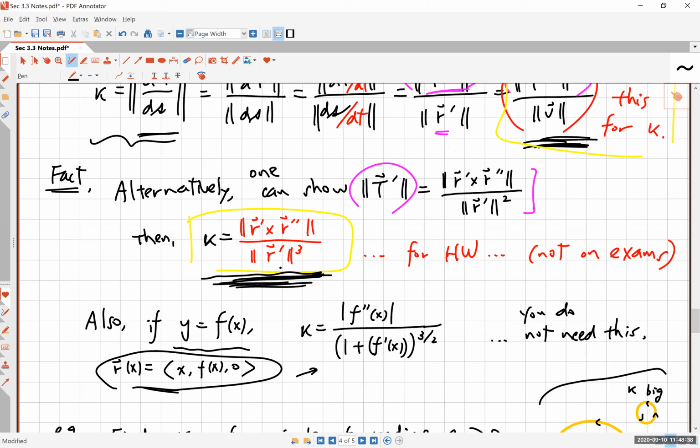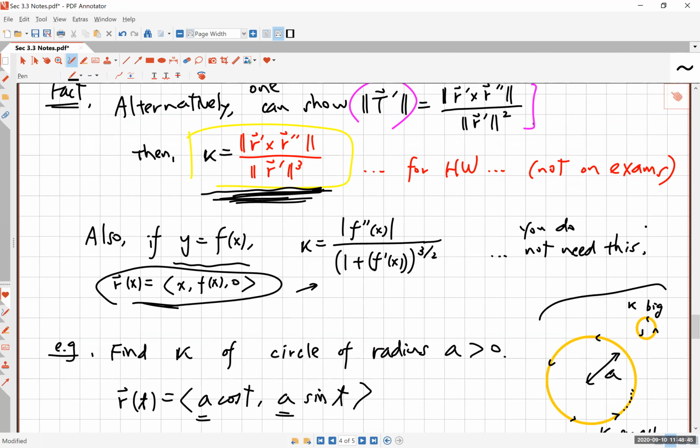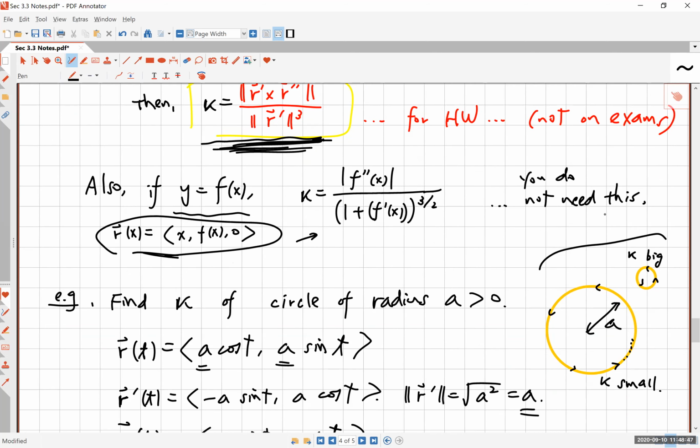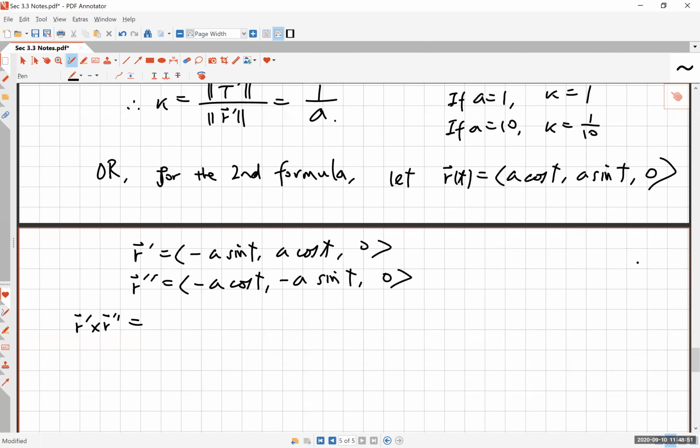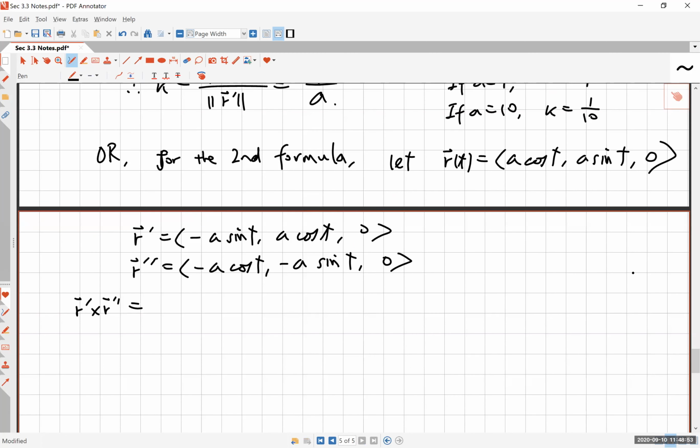Let's see, k, and you have to find the norm of r prime cross r double prime. And then you take the velocity, the norm of that, the speed, and cube it. All right, so if you take the cross product, of course, the first two components are going to be 0, 0. Does it make sense?